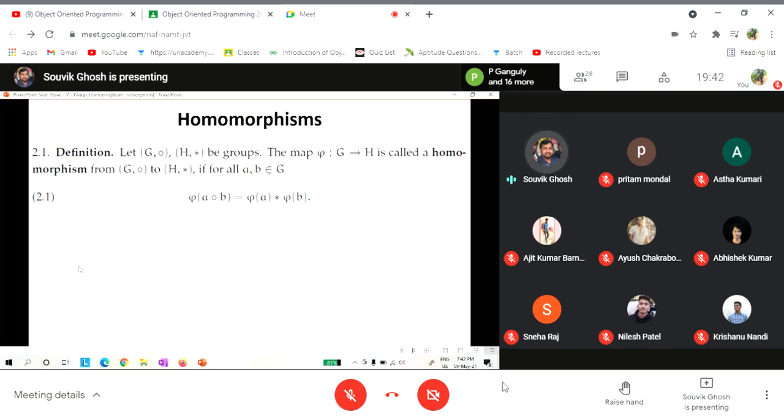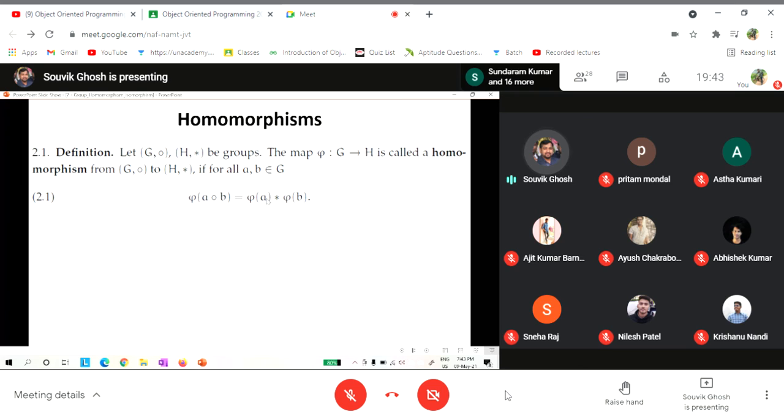So A composition B also belongs to G. Now we have one function defined from set G to set H. We have the element A composition B, and if we apply the function phi, then where does phi of A composition B belong? H. So this is in H.